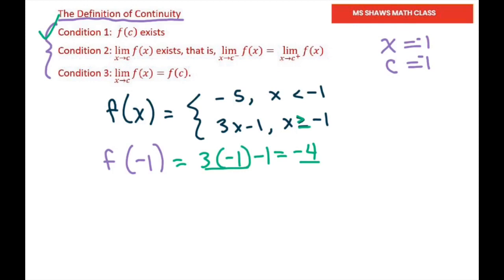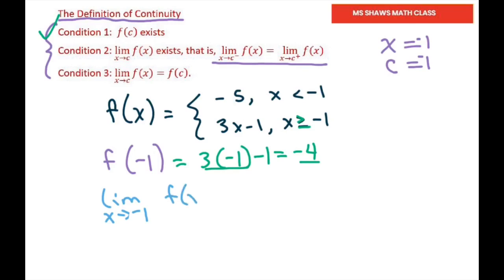Now we have to see if the conditions exist, if our limits equal each other. That means the left-hand side has to look like the right-hand side. If you take the limit, and don't worry about the limit part, our c is -1.